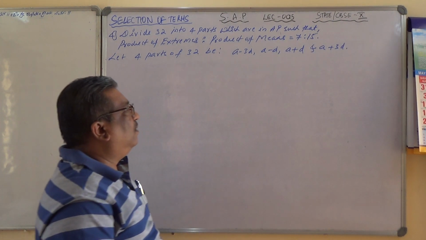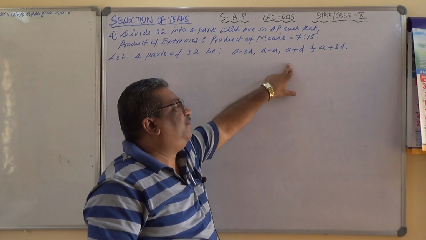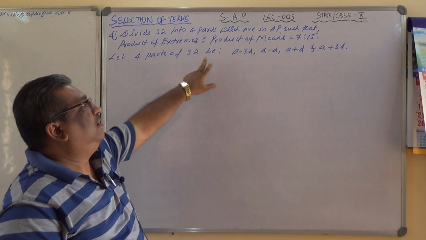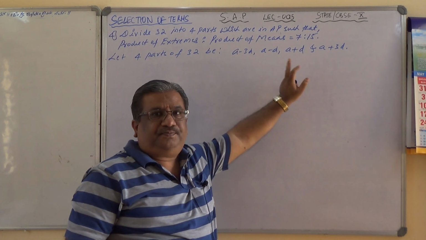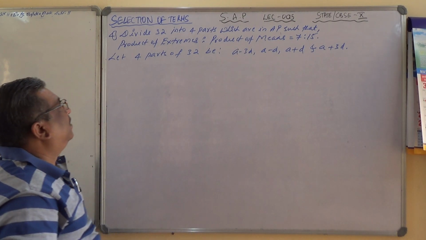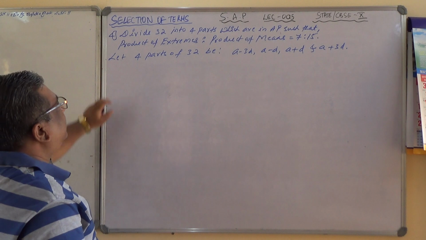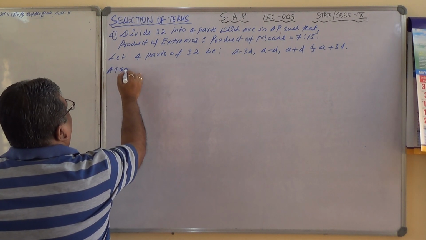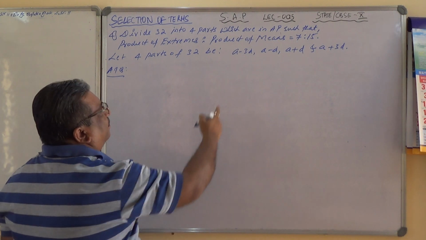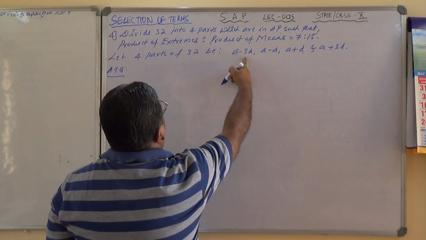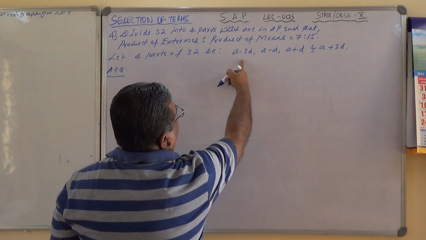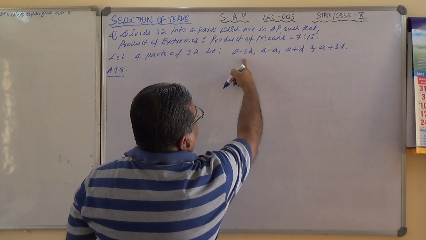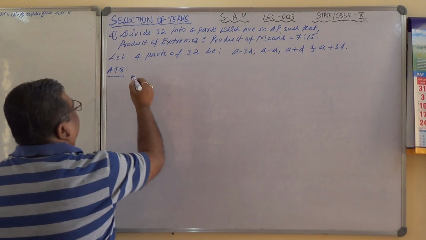So you must know that these are the 4 different parts of 32. Okay, so let us see according to the question now. According to the question, the product of extremes is this into a plus 3d.